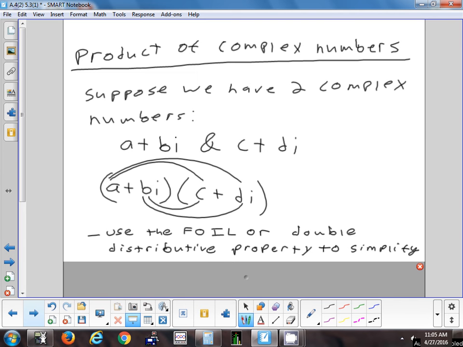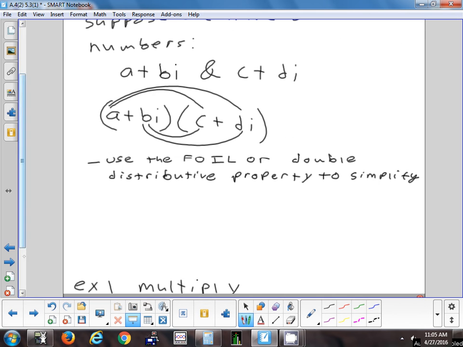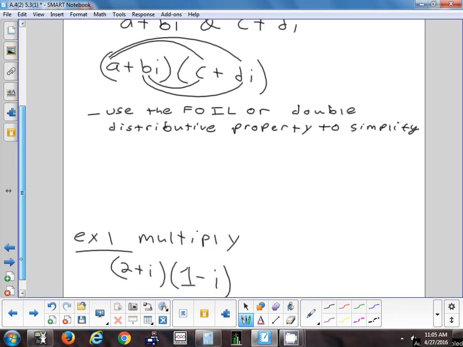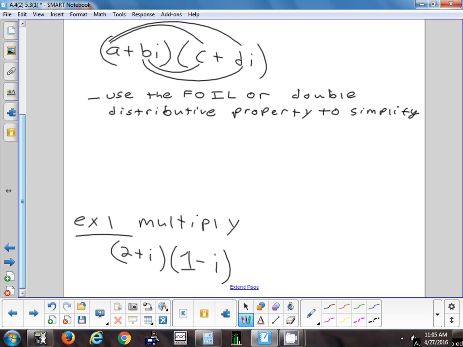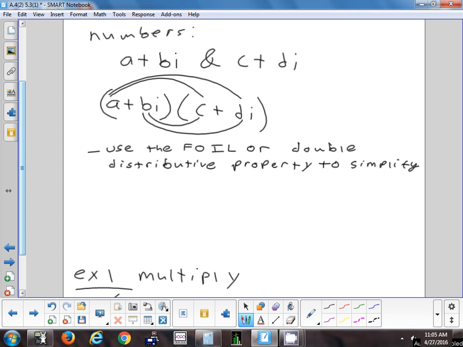And that's where you get an i squared, when you multiply bi times di. Now, a, b, c, and d will all be numbers. Those are not going to be letters when we do an actual problem. It's going to be something like that. So it's using a technique that you've already used before.